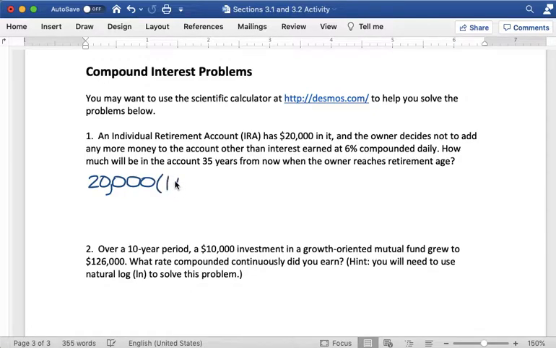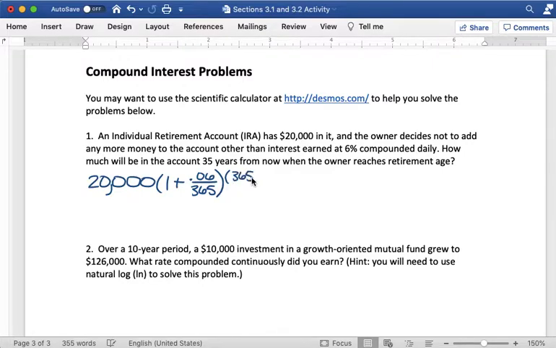Then I'm going to have 1 plus interest rate of 6%, 0.06. My compounding is daily, so that means my M is 365. I would not try to divide this and get a decimal value for I. The rounding there is probably just going to be kind of ugly. So I recommend just plugging in the R over M like we did before.